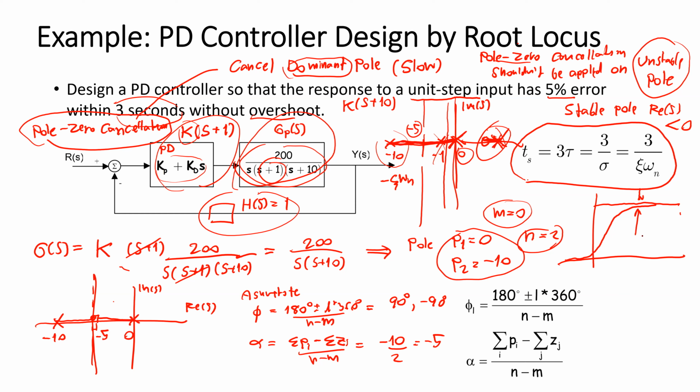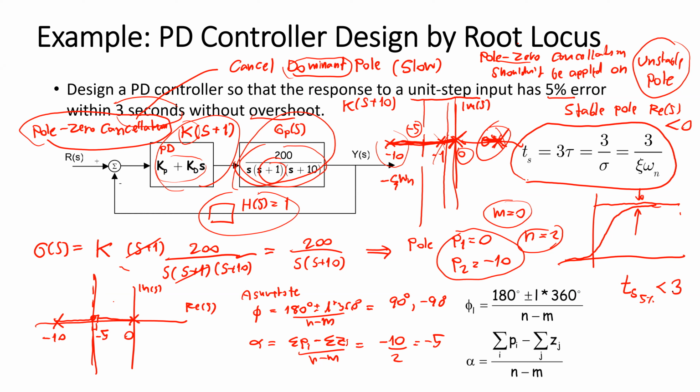They want the response to the step input to have 5% error, or the settling time 5% in less than 3 seconds.